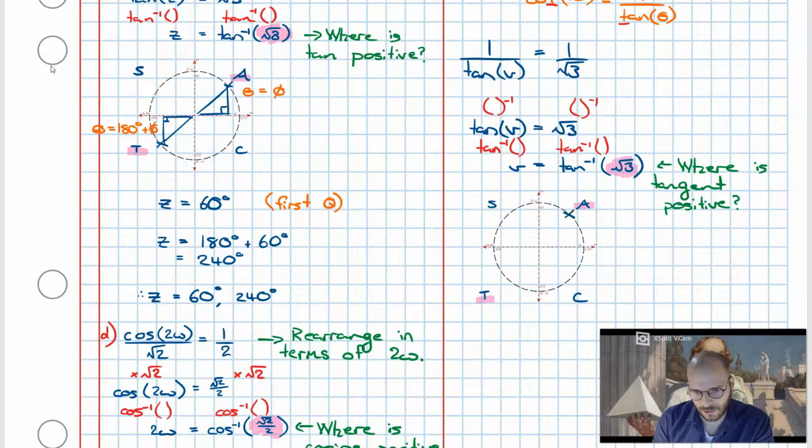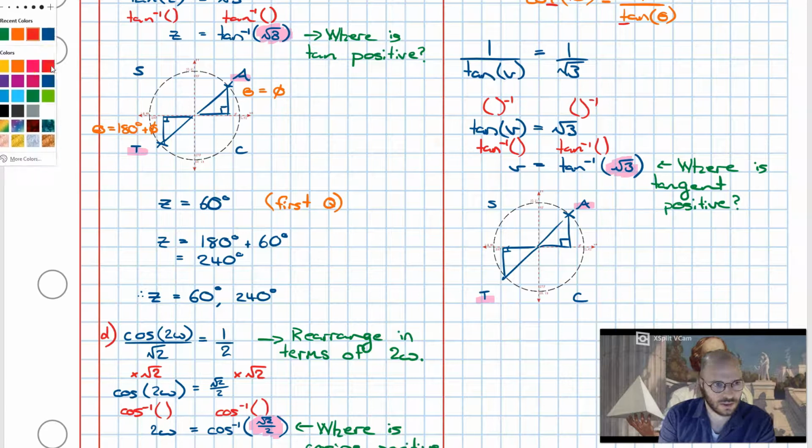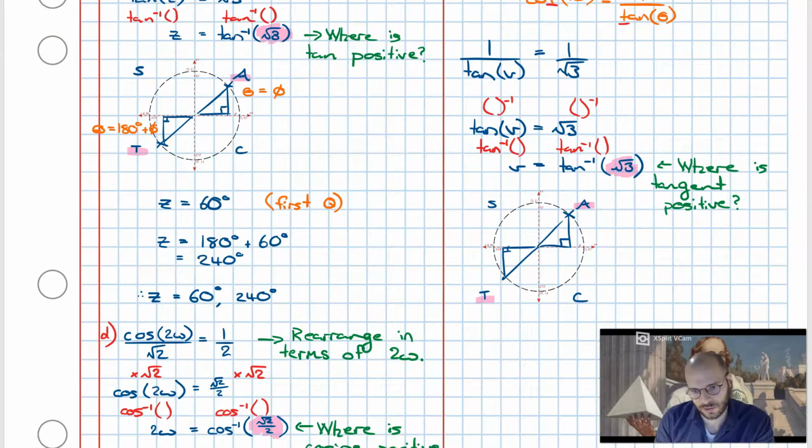Carrying this out, I draw the equivalent triangles. So one in quadrant 1, one in quadrant 3, and here's where I'm going to find my two solutions. The relationships for these quadrants are theta is equal to the interior angle phi, and over here it's going to be theta is equal to 180 degrees plus phi.